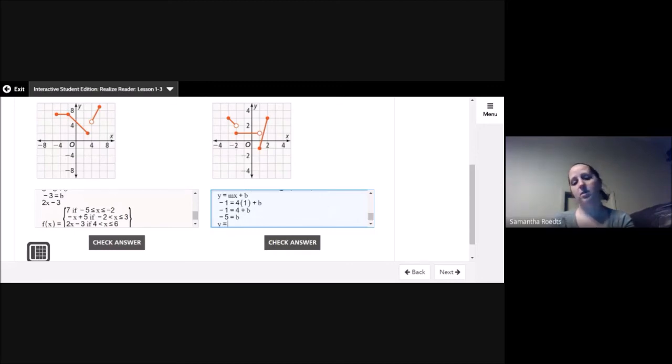So y equals 4x minus 5. All right, so I have f of x equals -x if -3 is less than or equal to x is less than -2. 1 if -2 is less than or equal to x is less than 1. And 4x minus 5 if 1 is less than or equal to x is less than or equal to 2.